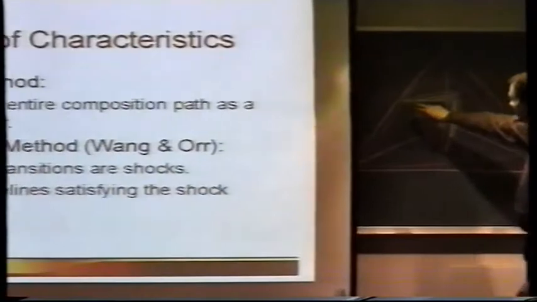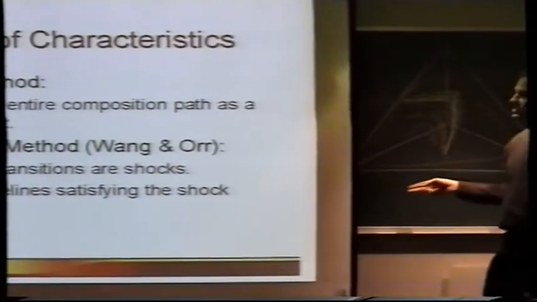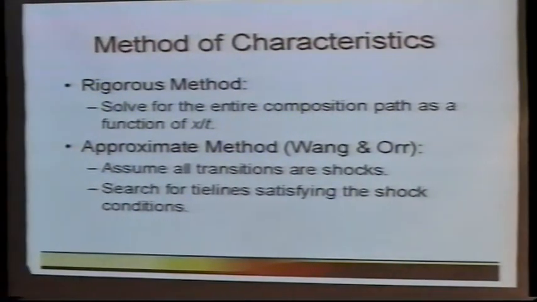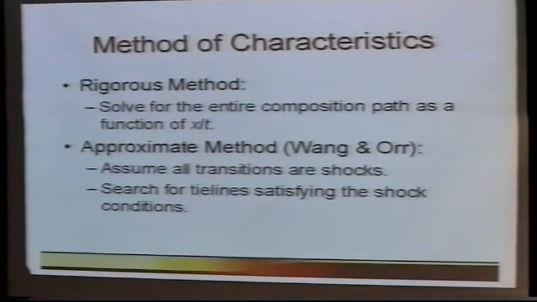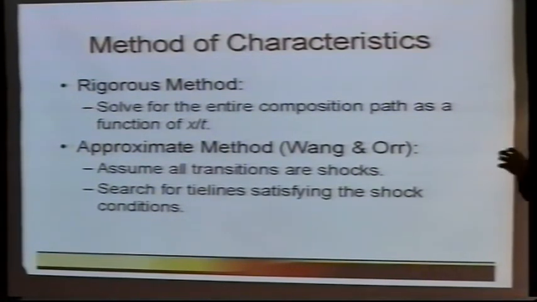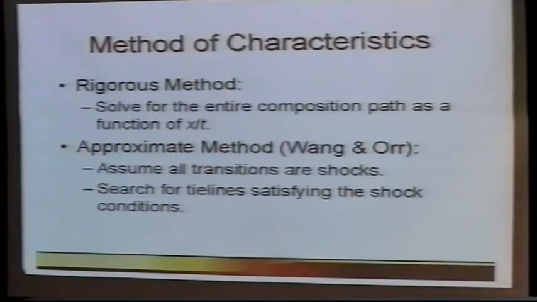But basically the idea is to solve for the entire composition path as a function of distance divided by time, distance along the slim tube. What you're trying to do is model basically a slim tube displacement, and you find the compositions as a function of x divided by time, distance over time.